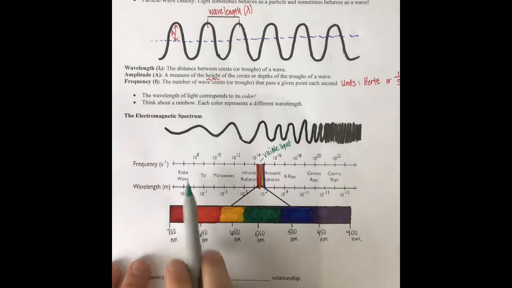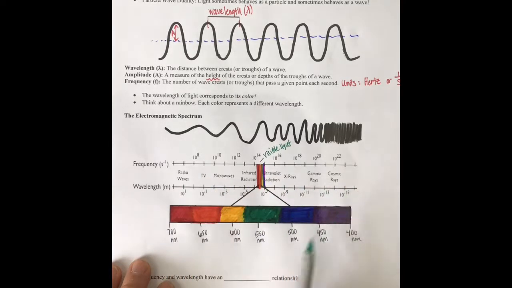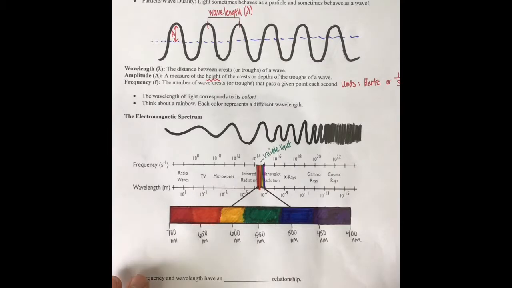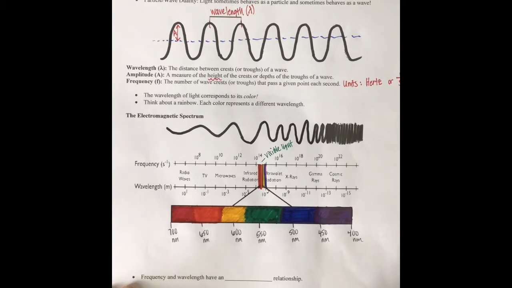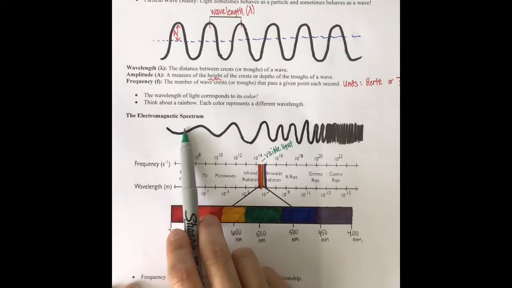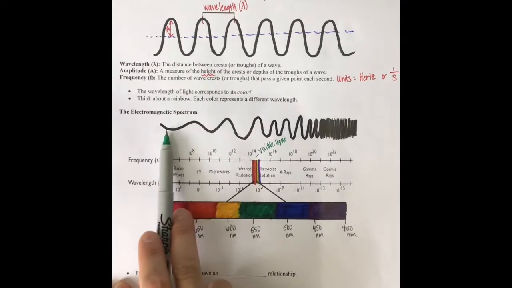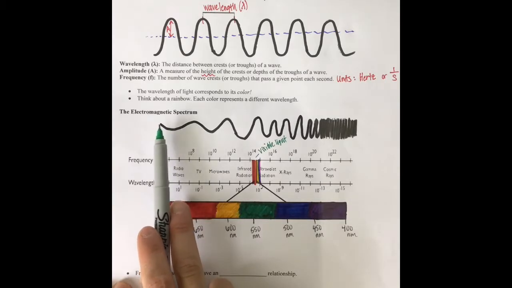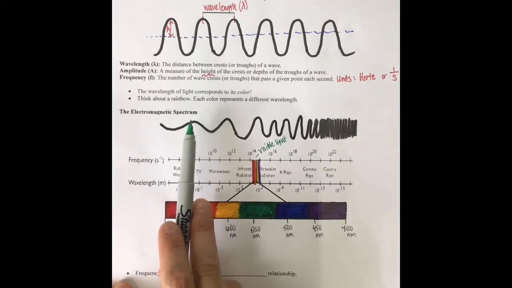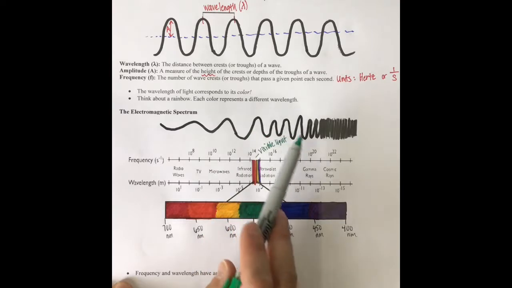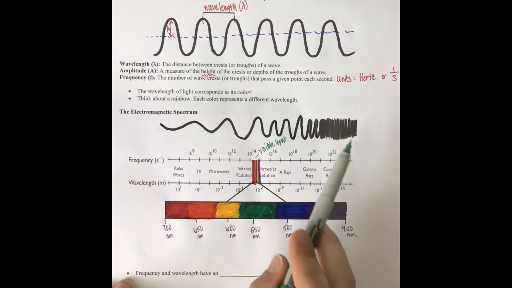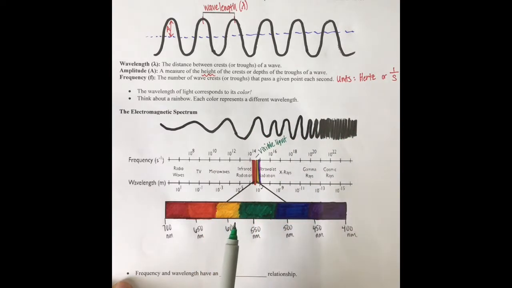Lined up on a scale, we can compare what those waves would look like in reference to each other. I've drawn a wave up here to show you that when we're on this left part of the scale, our waves move very slowly, and as we get over here, we speed up, speed up, speed up. We're going really fast when we get to the right side.